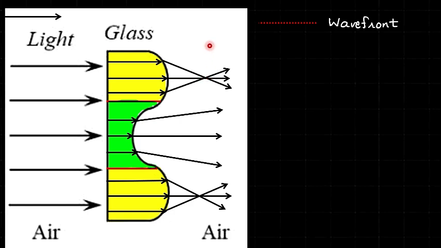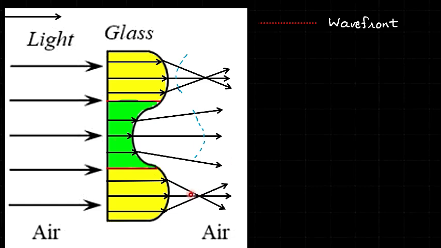The wavefront would be something like a spherical wavefront whose center would be here, and for this part the wavefront would be something like that whose center would be somewhere here, and for this part the wavefront would be something like that. And if I draw that, this is the wavefront for this part, and it would be spherical, center would be here, and the wavefront for this part would be spherical, center at the point of divergence.